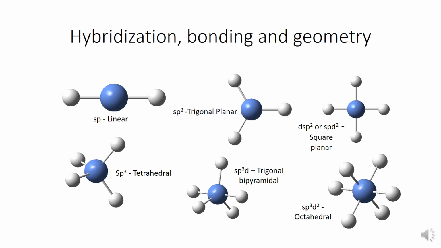And at that point, there are four: d1, s1, p2, meaning 1 plus 1 plus 2 equals 4. And because it has this disparity, the dsp2 or spd2 will yield a square planar, pointing to the apices of a regular square or rhombus, as you will call it. It points to a regular square, as you can see by the structure.